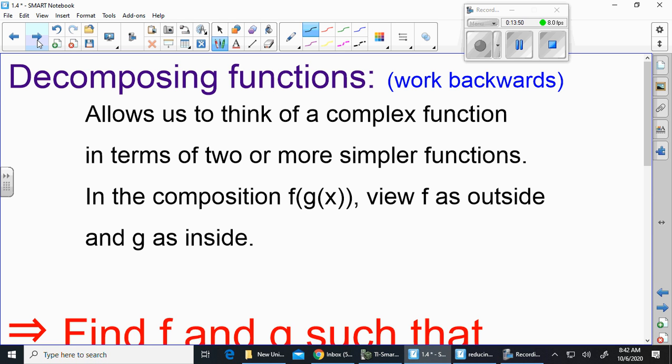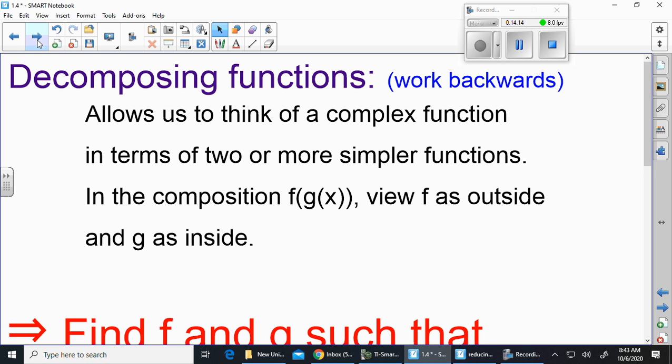Last thing, decomposing functions. A lot of this is used in calculus. Decomposing functions allows you to think of a complex function in terms of two simpler functions. So in the composition, view f as the outside, g as the inside.